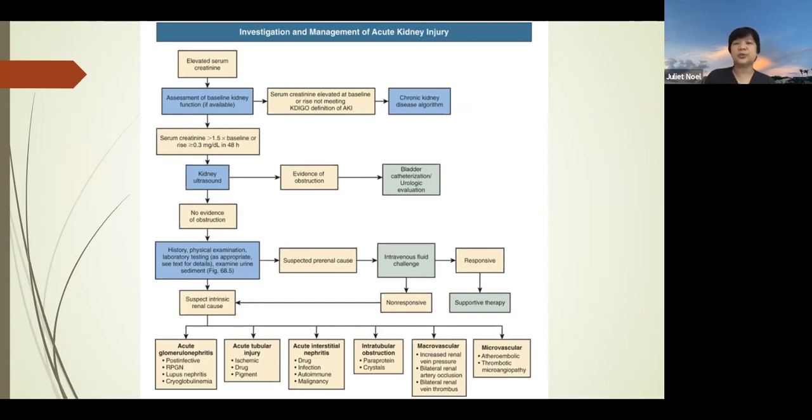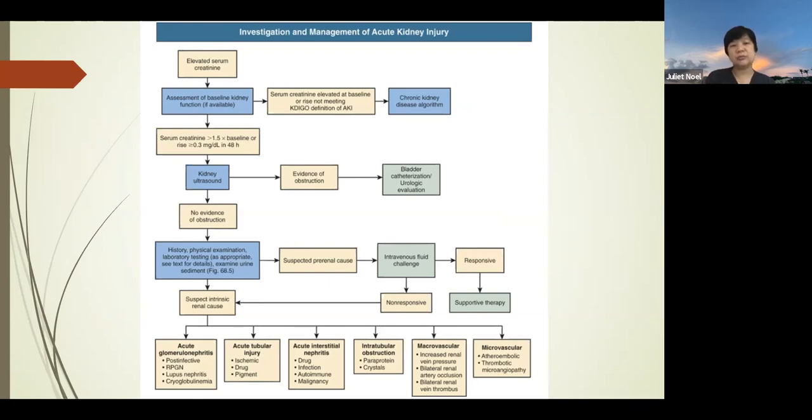If it's just bladder outlet obstruction, you can insert a Foley catheter. If it's a ureteral obstruction, then you refer to a urologist.